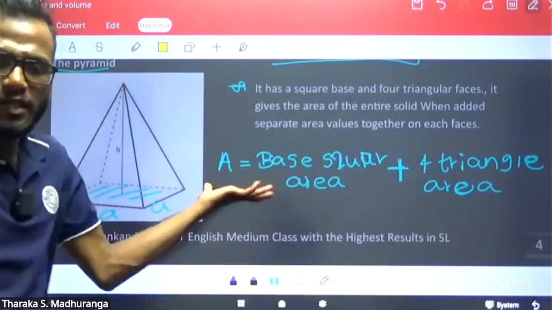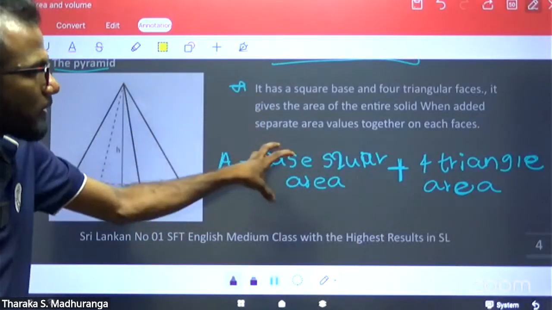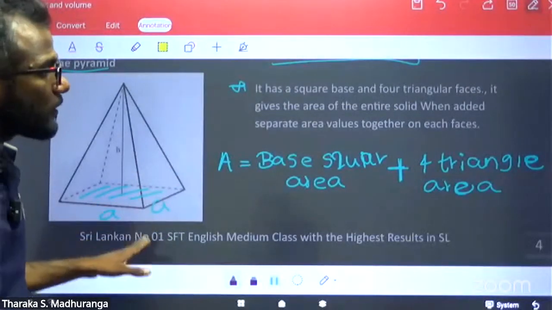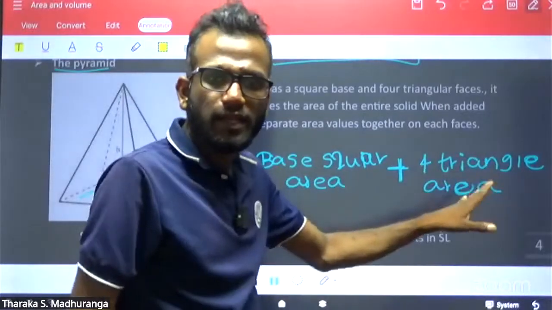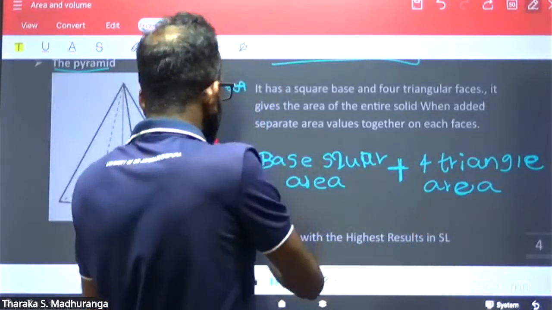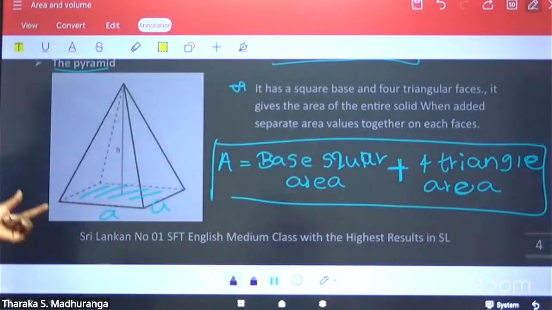Okay, that's the equation. You don't have a specific equation. You get the base square area separately, then get the 4 triangle area. Get 1 triangle area, multiply by 4, then add together. This is the equation for the pyramid.